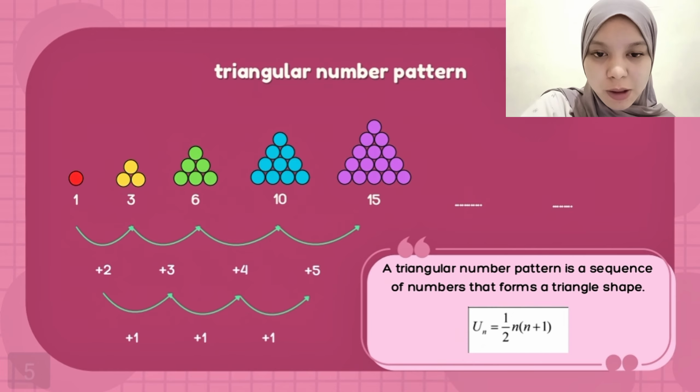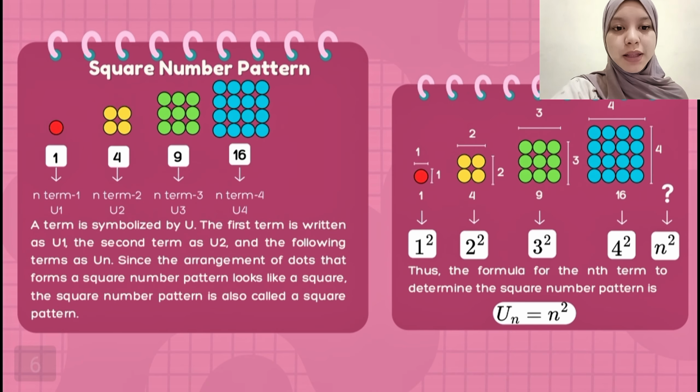Next, square number pattern is a sequence of number formed by squaring natural number. This number can be arranged using dots to form a square shape, which is why this pattern is called the square number pattern. The sequence of the square number is 1, 4, 9, 16, 25, and so on.